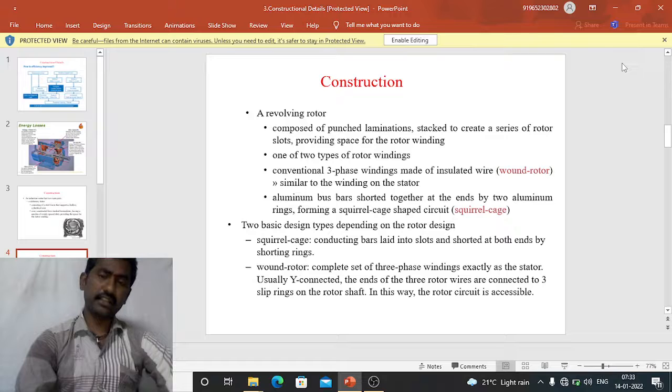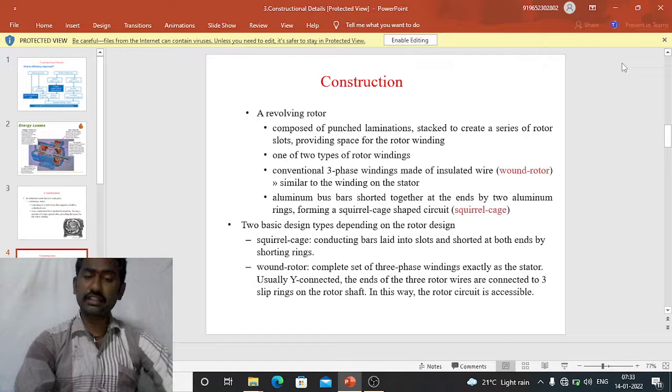And in construction, a revolving rotor is also there. The revolving rotor is classified into two types: squirrel cage rotor and wound rotor. In the squirrel cage rotor, conducting bars are laid into the slots and shorted at both ends by shorting rings. And the wound rotor has a complete set of three phase windings exactly as the stator, usually star connected, and the ends of the three phase rotor wires are connected to three slip rings on the rotor shaft.